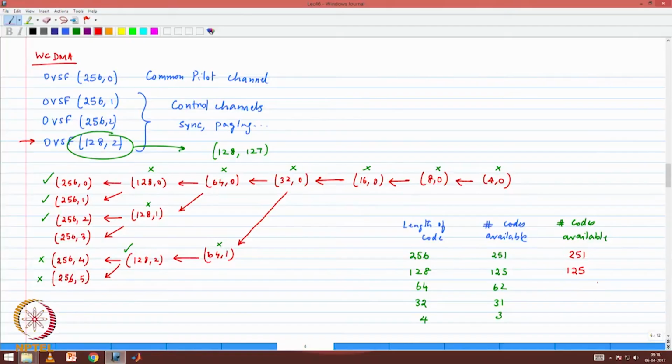It starts to affect the lower values. It doesn't affect the 64 either, but it does affect the lower spreading factor codes: only 2 are available from spreading factor 4, because this particular code 128,127 comes from a different parent if you go back in the OVSF tree.